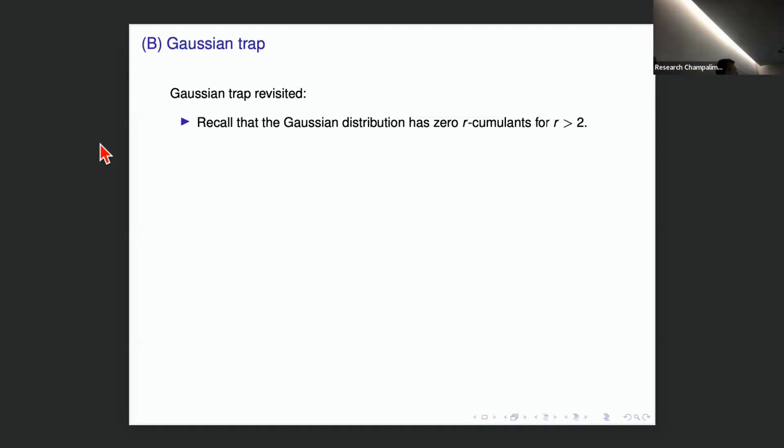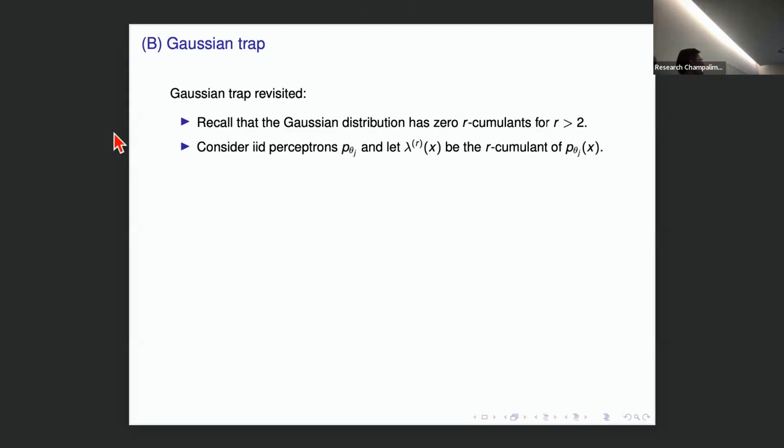So you can think of them as completely characterizing the distribution amongst distributions whose moments don't grow too quickly. And then the Gaussian distribution is actually the only one amongst those distributions that has 0 cumulants of order greater than 2. Okay, so now let's consider IID perceptrons as we had before.